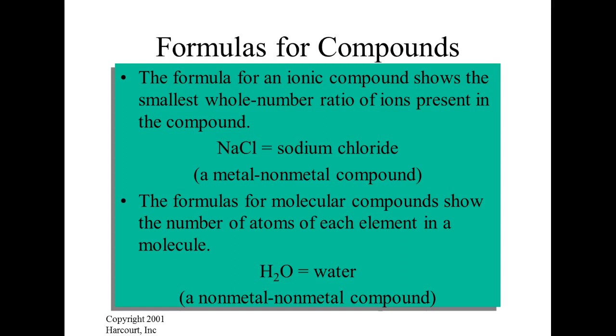For example, sodium's in group 1, so it's named first, and chlorine is group 7, so it's named second. We call the first element by its regular name from the periodic table, and the second ion in the formula is changed from chlorine to chloride.